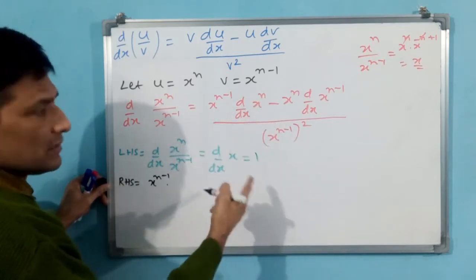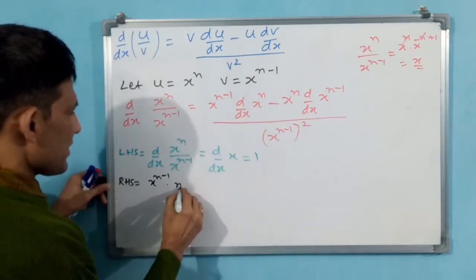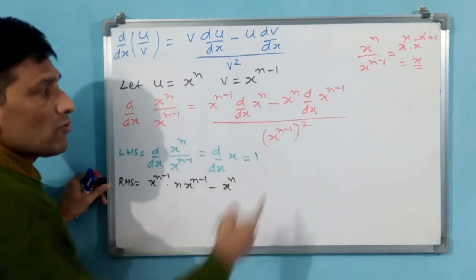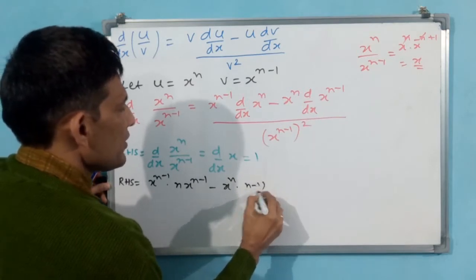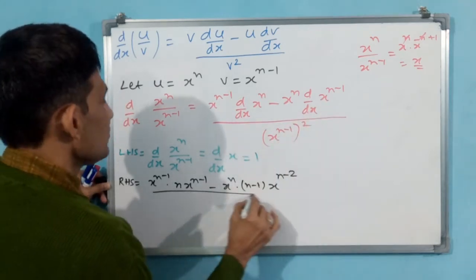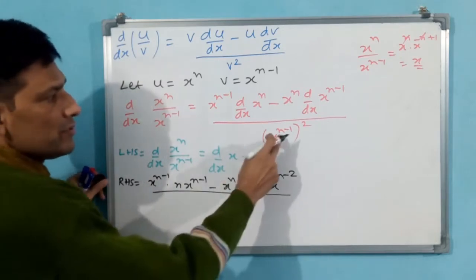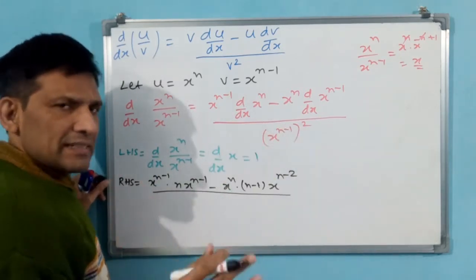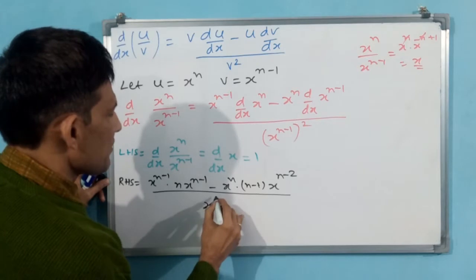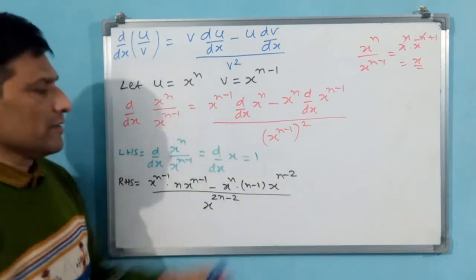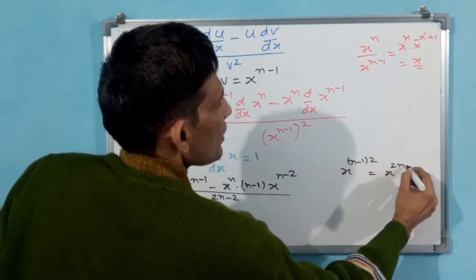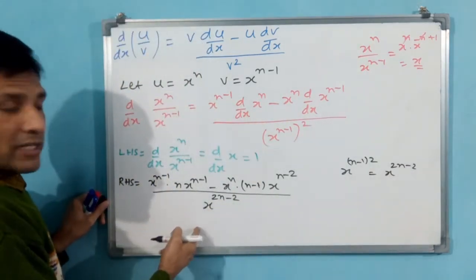I am writing directly, because it is already there: n into x power n minus 1, minus x power n, into n into n minus 1 into x power n minus 2, divided by x power n minus 1 whole square. Think of n minus 1 like any x: x power 2x means x power 2n minus 2, because you multiply by 2. So x power 2n minus 2 will come.